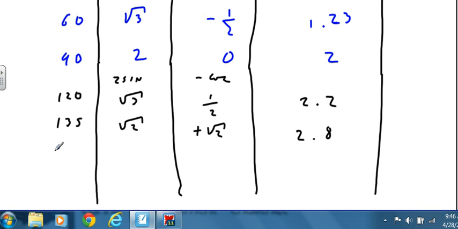And then I'm looking at 150. Okay, so 150 is going to be 1 plus the square root of 3 over 2. Oh, I don't think I did this right. This is the square root of 2 plus square root of 2 over 2. Bummer. Square root of 2 plus the square root of 2 divided by 2, 2.12.